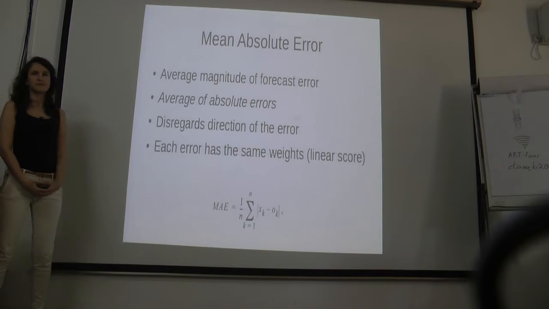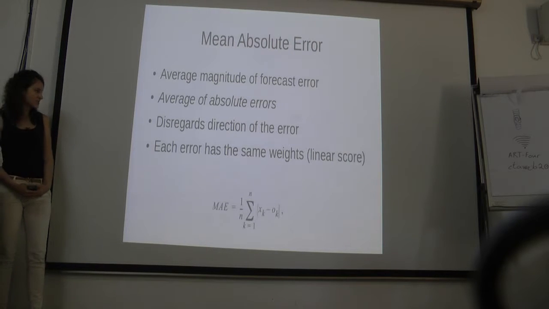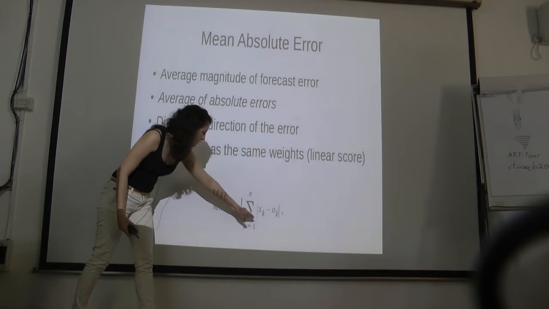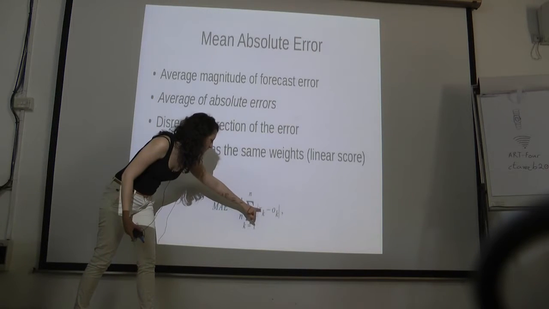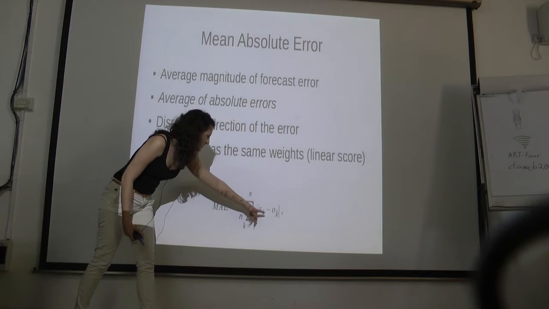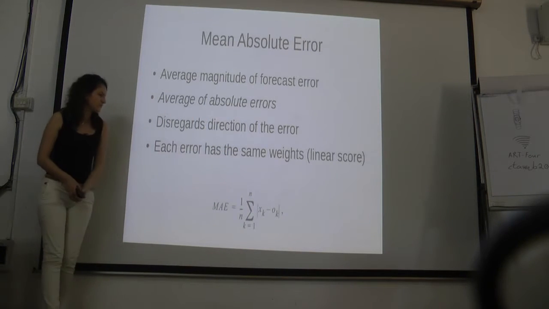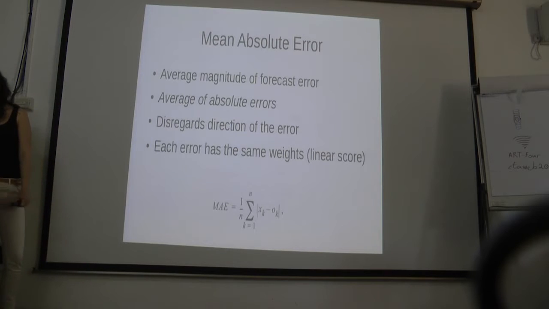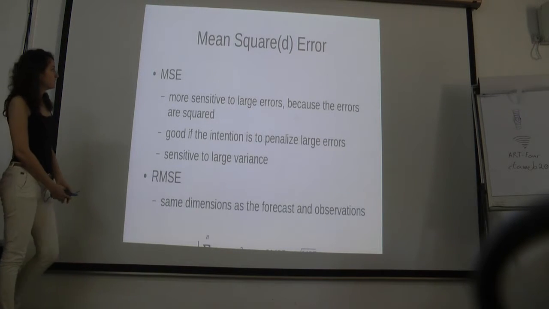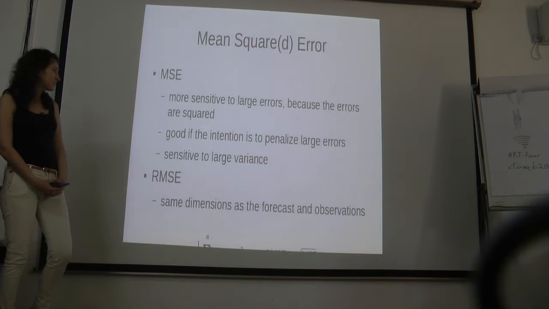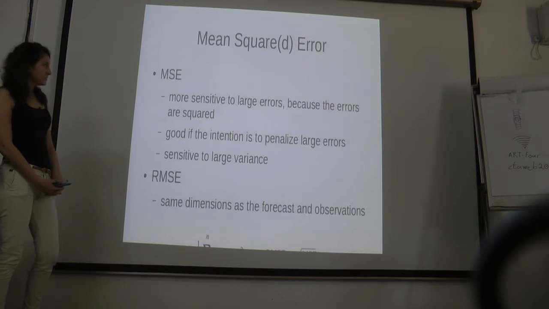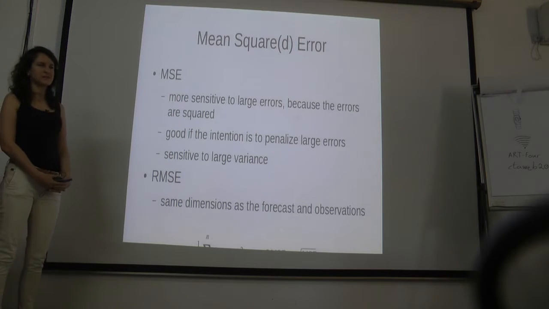So this is just the average of absolute errors, the average of the absolute value of the difference between the forecast value and the observed value. Then another measure is the mean square error, or mean squared error, and the root of it.